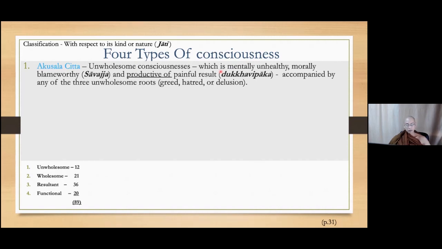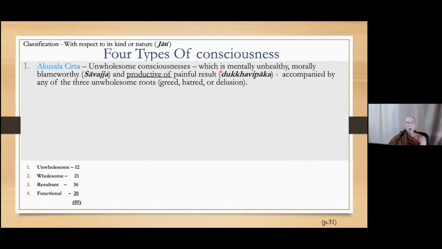Whenever types of consciousness arise, you can check whether it is unwholesome or not. If it is unwholesome, there must be the characteristic of mentally unhealthy or morally blameworthy, and it must be productive of painful result. That's why you can identify the consciousness with these two characteristics.